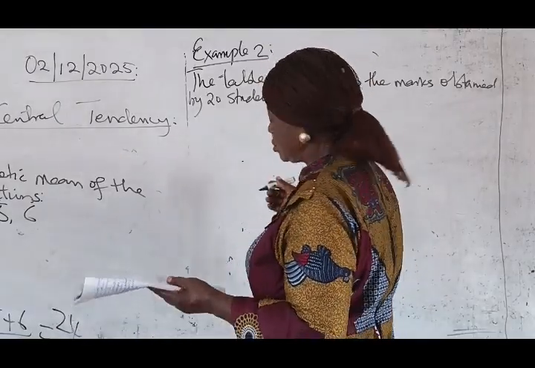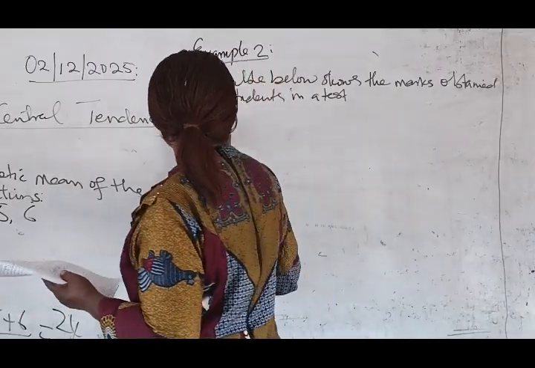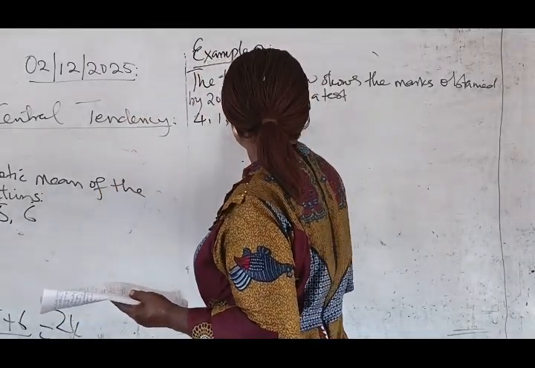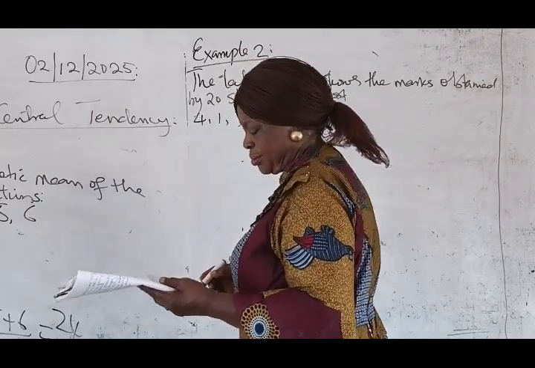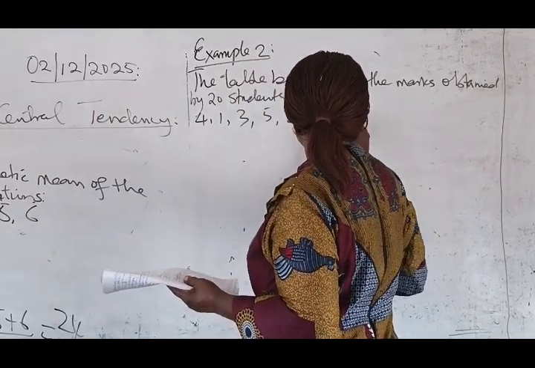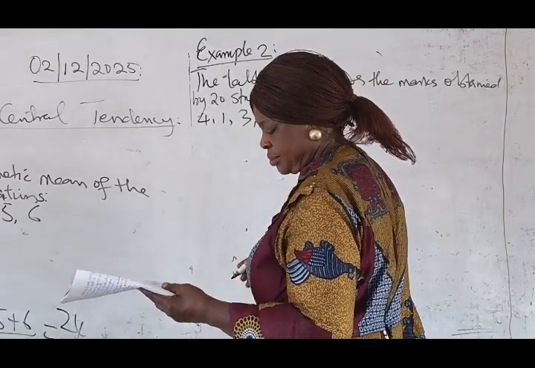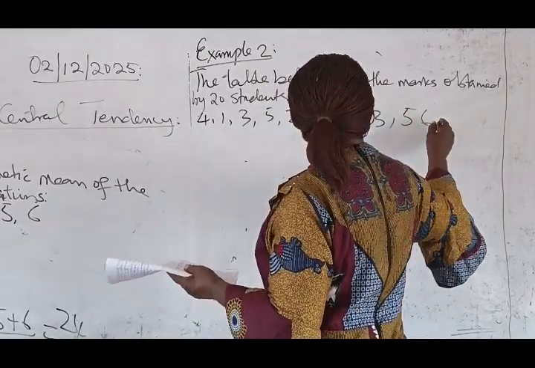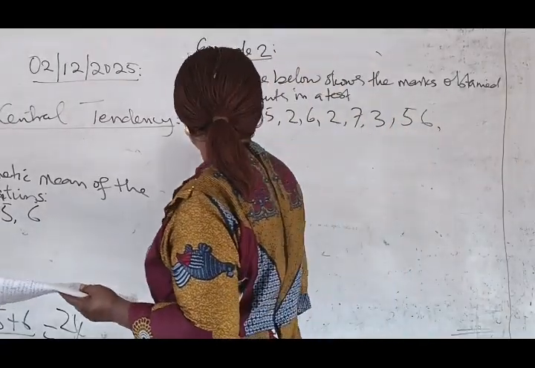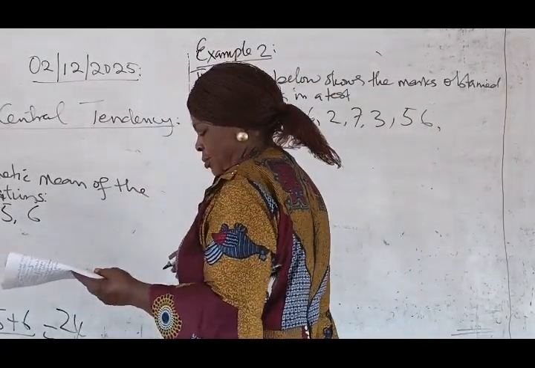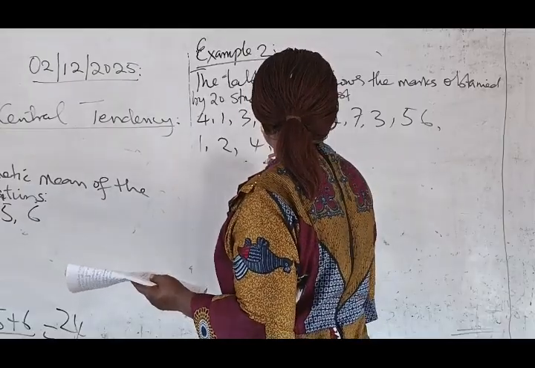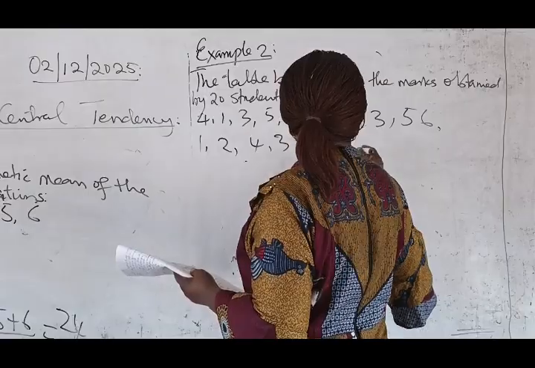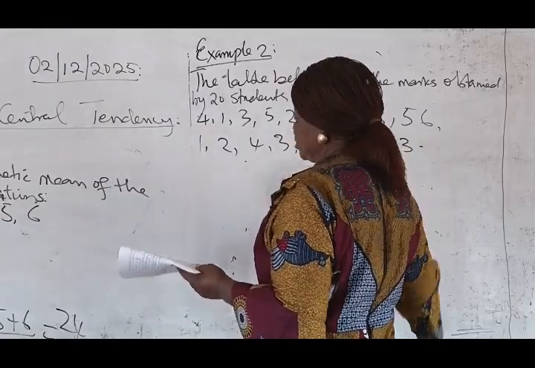So what are these figures? Here we have 4, 1, 3, 5, 2, 6, 2, 7, 0, 5, 6, 1, 2, 4, 7, 7, 3, 8, 2, 3.